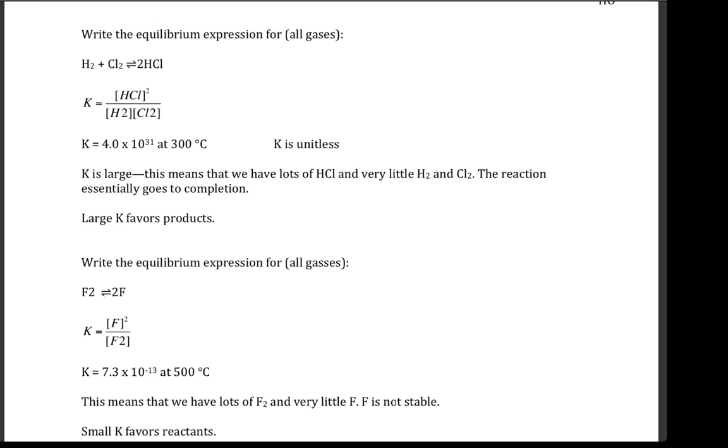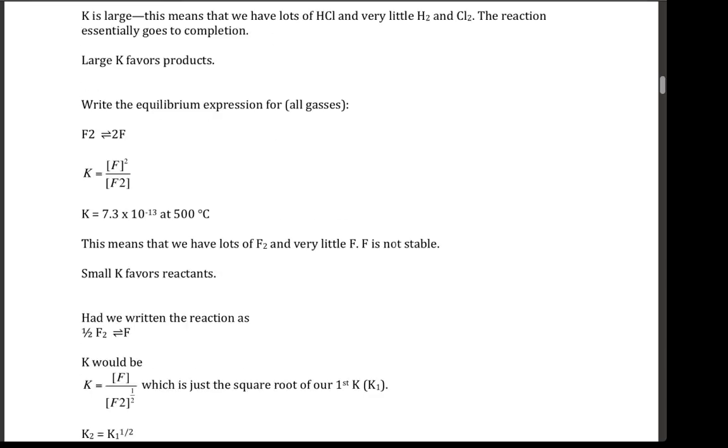Here, K is very large, 10 to the 31st. This means that we have lots of HCl and very little H2 and Cl2. The reaction essentially goes to completion. A large K definitely favors products. Notice how it's written, we have products over reactants. A large K value means lots of products.